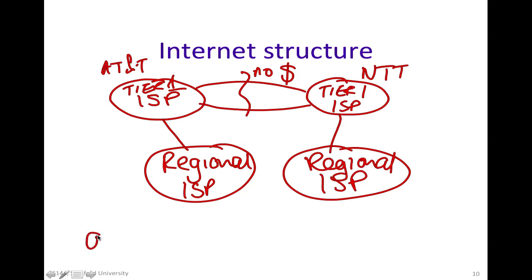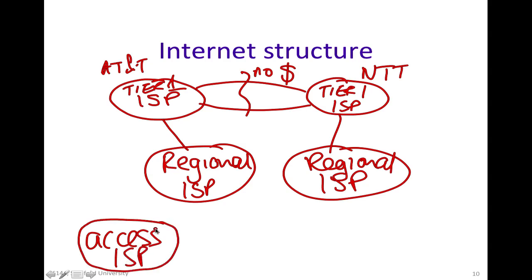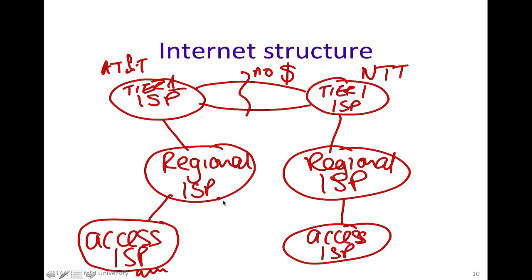So there would be many access ISPs along the bottom here. And these would be the ones that we connect to as users. So users are down below these access ISPs. An access ISP might connect to multiple regional ISPs, and the regional ISPs will generally connect to multiple Tier 1 ISPs.